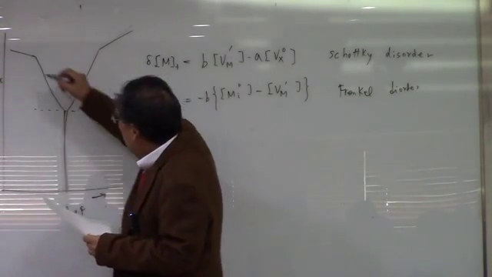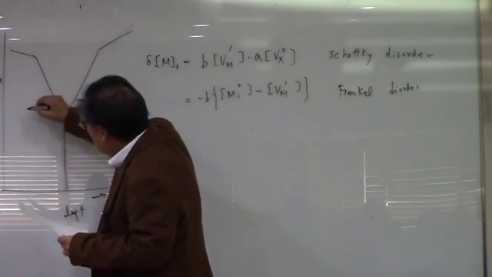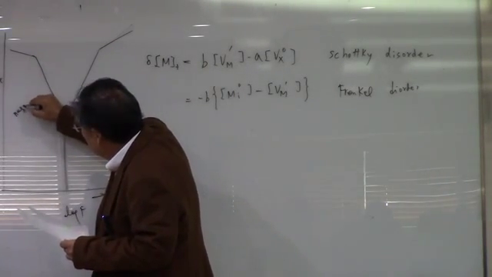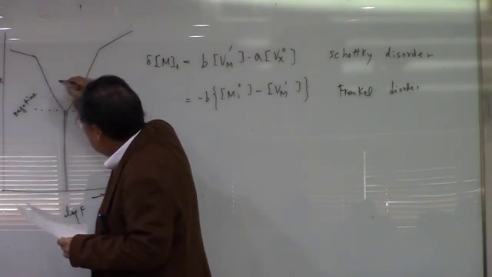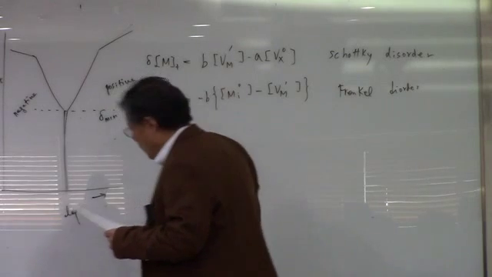Okay, and this part, this is a negative delta, and this is a positive delta values.